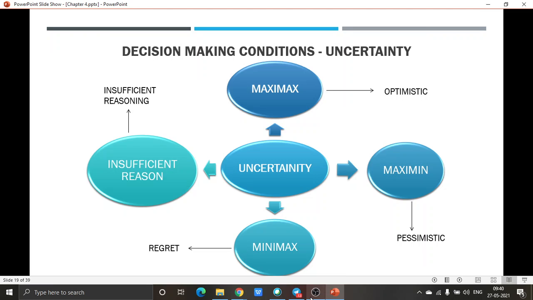maximin, when it is minimax, and insufficient reason.